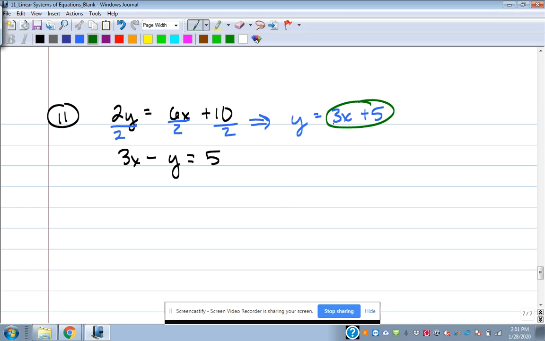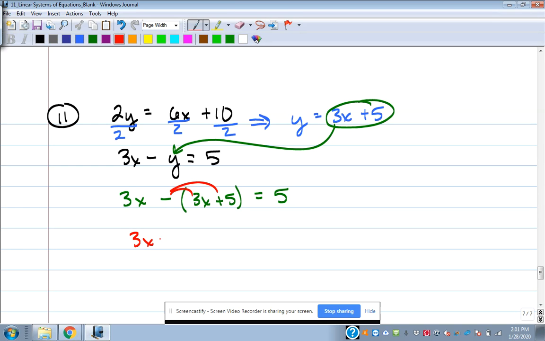Then I'm taking that and plugging it into the y place of the second one. So that's going to be 3x minus, and now here's where you got to be careful. You need to put that in parentheses, 3x plus 5, because it changes the signs of everybody. If you don't distribute that negative, then it's going to mess the problem up.